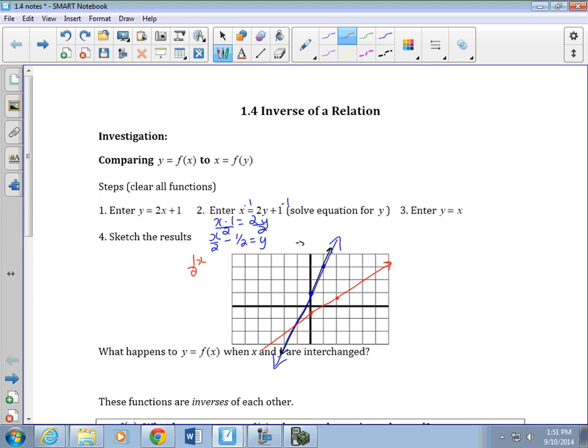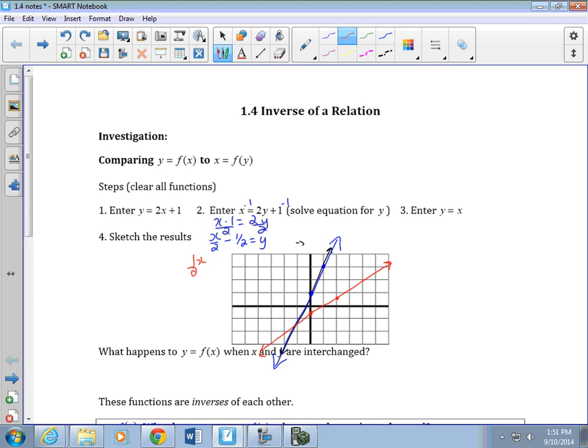So for my original graph, if I sketch the results, if I'm looking at my points, I had a point at (0, 1), and here it went to (0, negative 1/2).